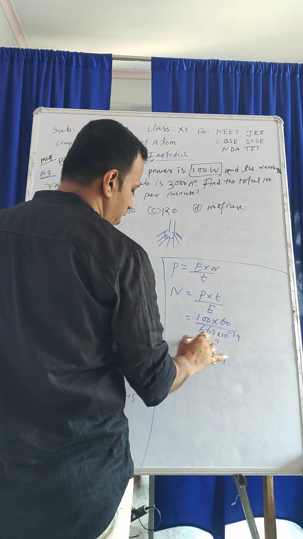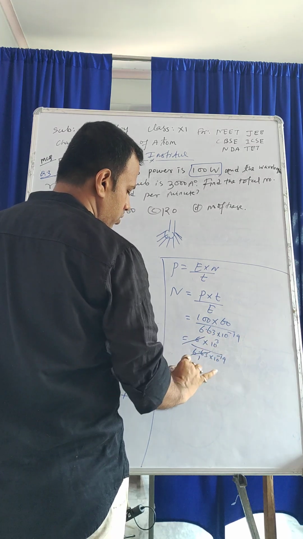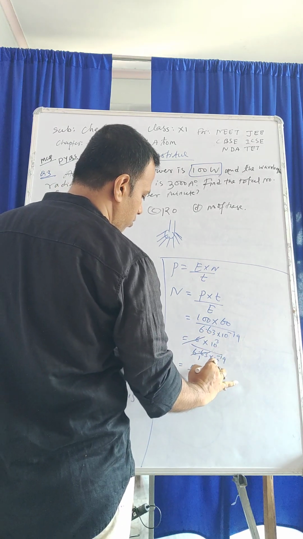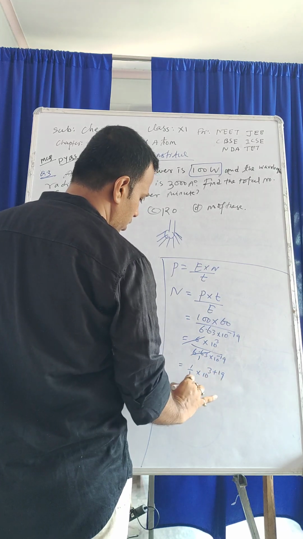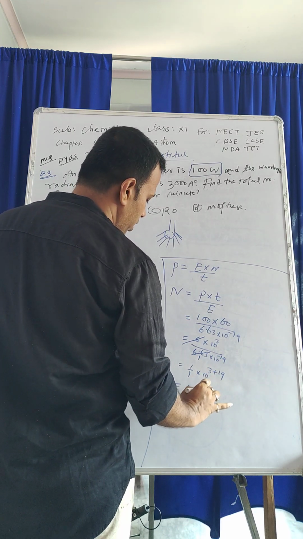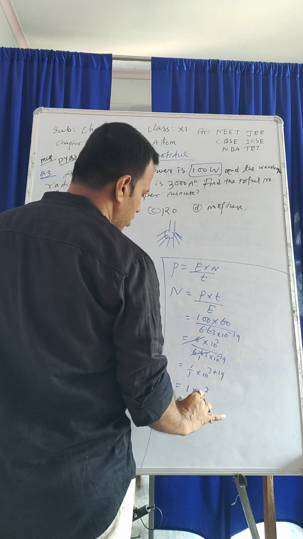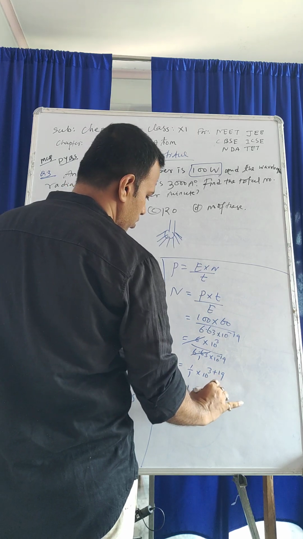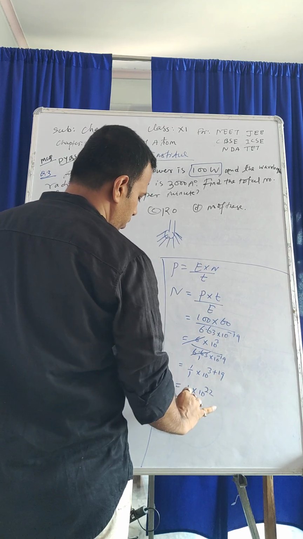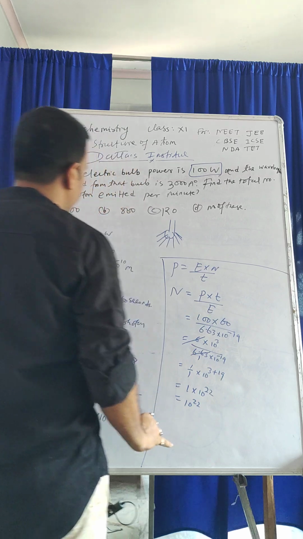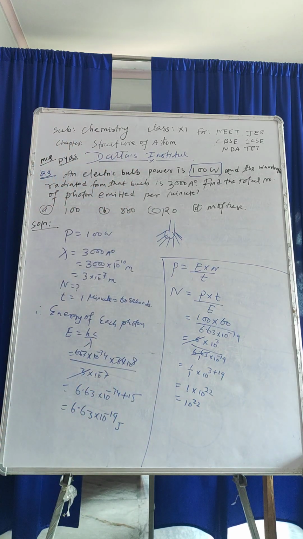So we can write 6 into 10 to the power 3, and here 6.63 into 10 to the power minus 19. If I cancel this by this, it will be almost 1. So 1 by 1, and here is 10 to the power 3 plus 19. So that is 1 into 10 to the power 22. So it will be 10 to the power 22 photons.